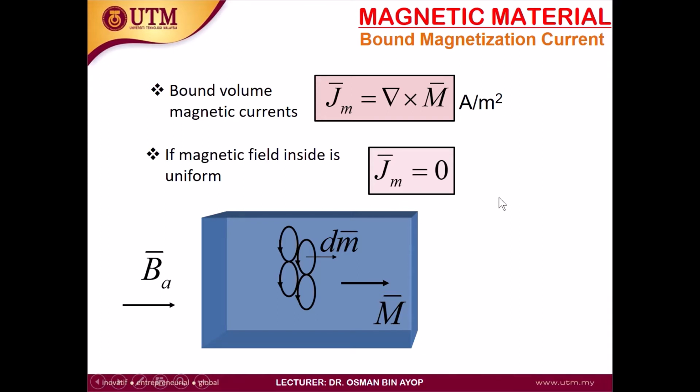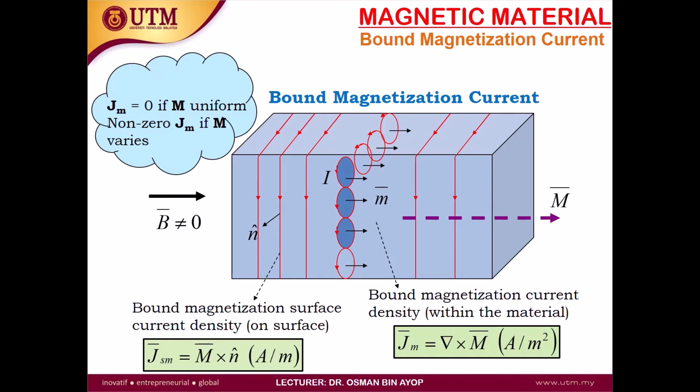Hopefully you can imagine what happens here, because the case is really identical to what we analyzed for the electric field. This is the direction of our external field, and this is the dipole moments arranged in the same direction, creating a magnetization vector.